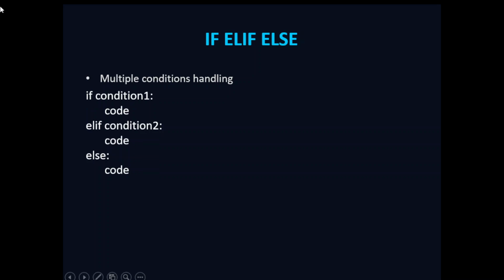So again, you can check here: if condition 1 colon, then you execute that part of the code. Sometimes in other languages we call it else if. If condition 2 colon, you execute this part of code. Else, if both the conditions are not satisfied, you go to the else part and execute that part of code.